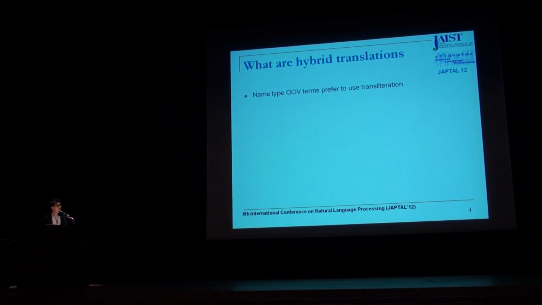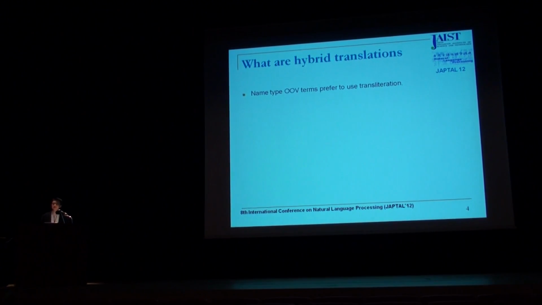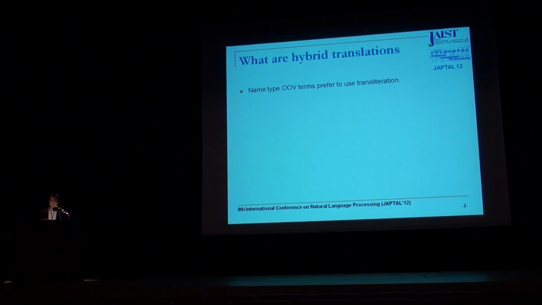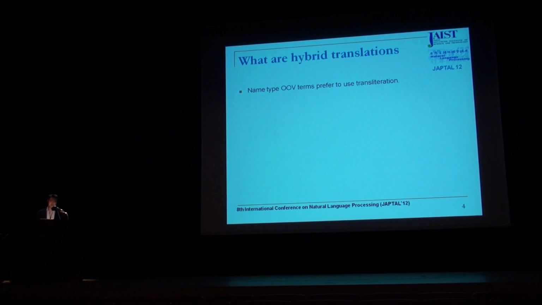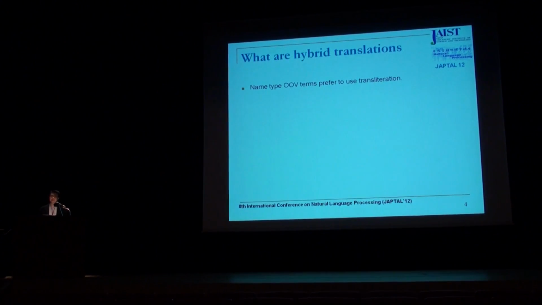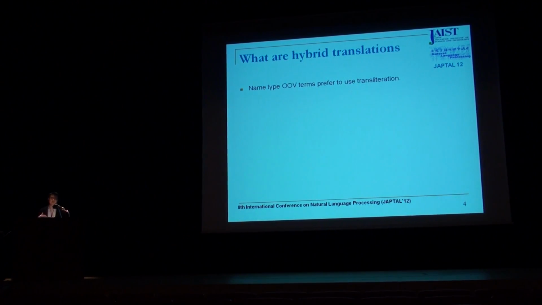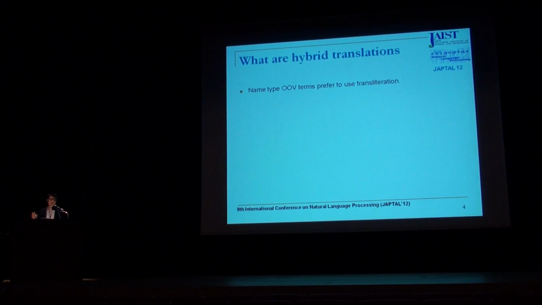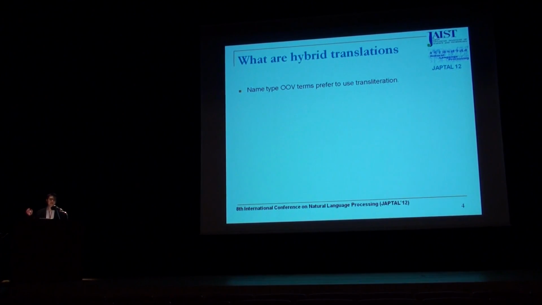However, different types of OOV terms tend to translate differently. I would like to explain something that we observe in our research. We call it hyper translations. Name type OOV terms prefer to use transliteration. So most of the name type translation is using the sound, the vowels of the sound, and using similar characters from the target language.